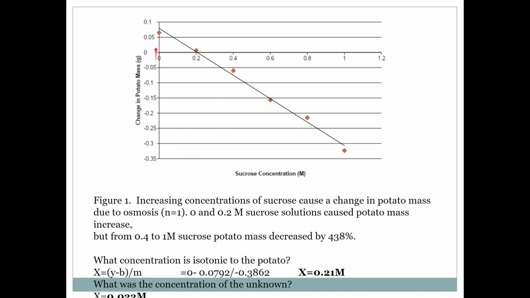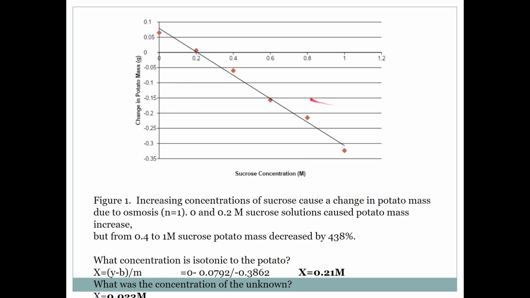Y is zero change in mass. So you substitute 0 for y and you solve for x, and you could get a pretty accurate answer there. You can do a similar thing with the concentration of the unknown solution. You'll look at the average change in the potato mass for the unknown, and then you'll solve for x using the equation of the line, and that will tell you your estimate of the concentration of the unknown solution.